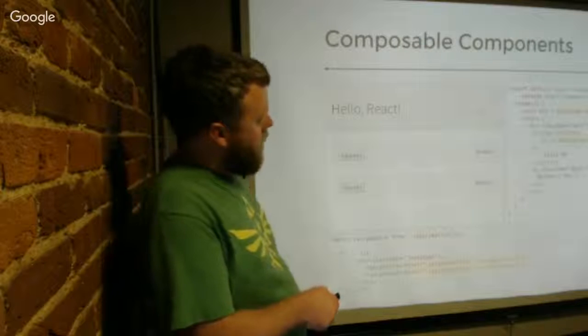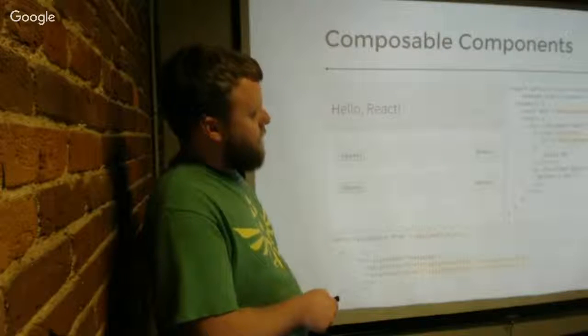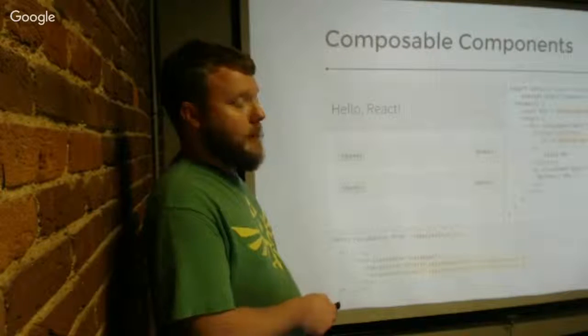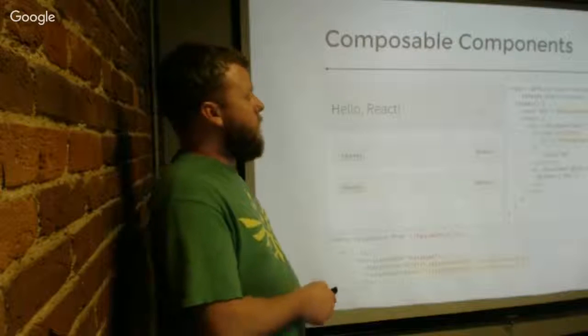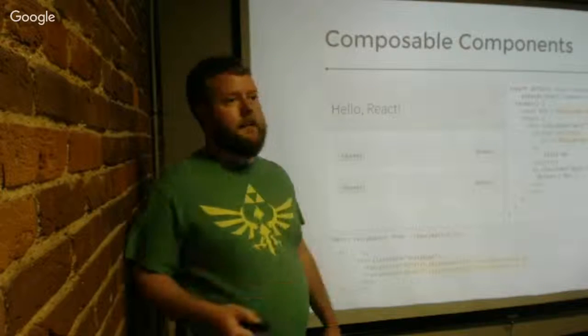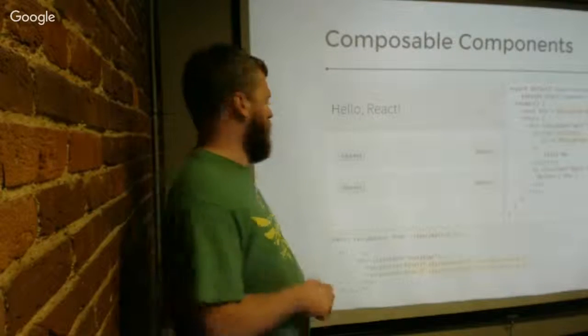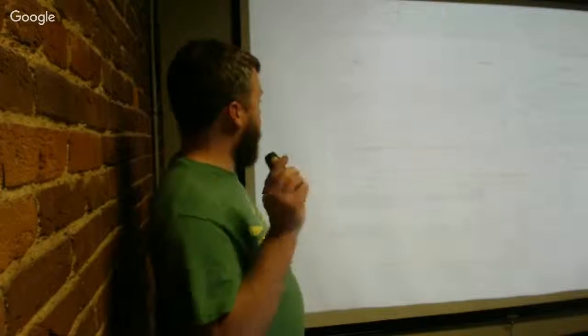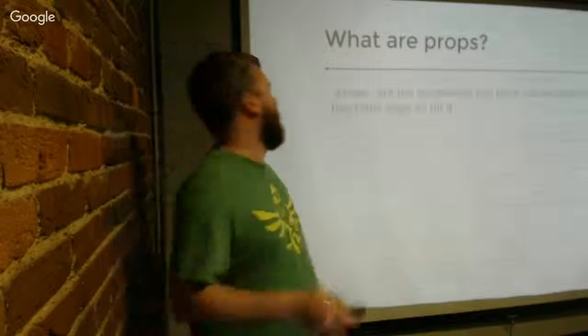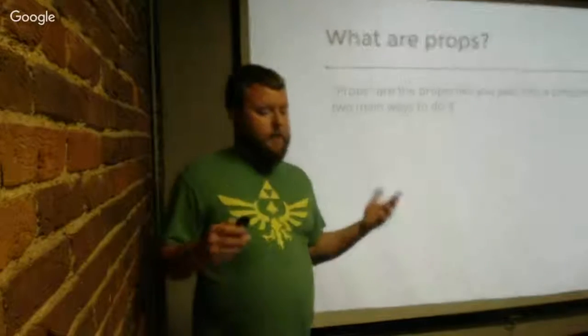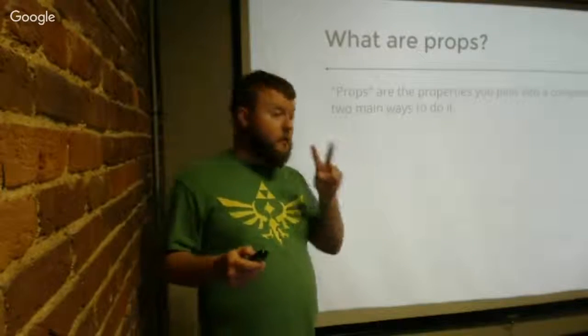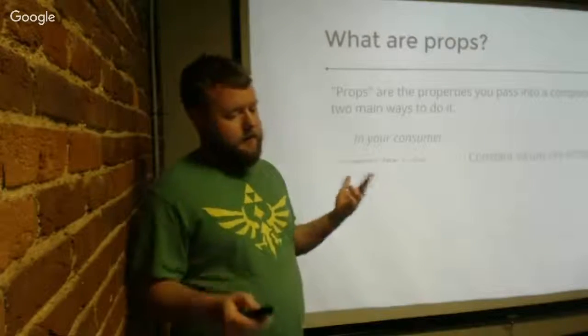So this props.button and this props.click handler, right? The way React passes data is through props. And in fact, what are props? Props are the properties you pass into a component. There are two main ways that I know of to do it.